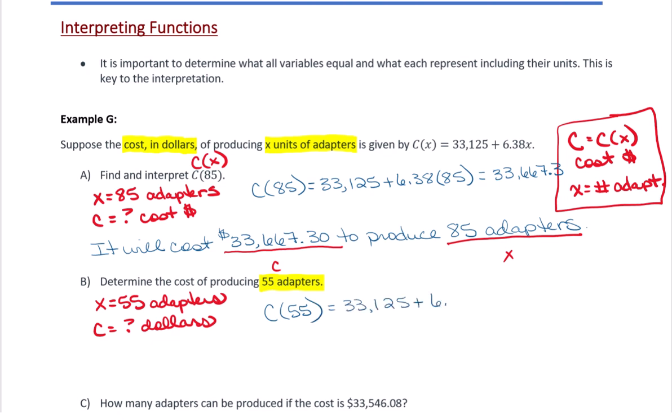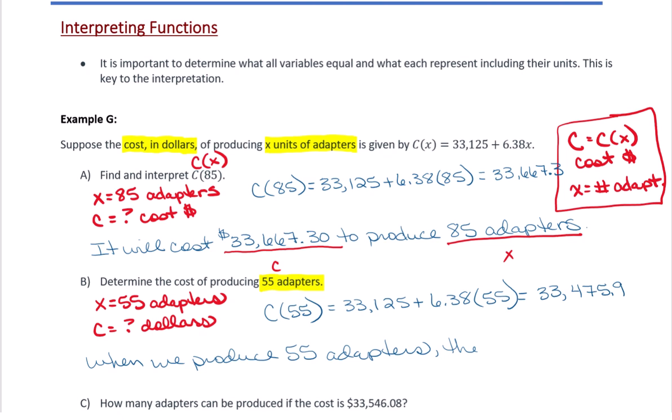So this time when we plug in 55 for x, we get 33,475.9. This is our cost. Another way we can write the same interpretation would be when we produce 55 adapters, the cost will be $33,475.90. The key to the interpretation isn't necessarily the order, just make sure that you have the correct units with the correct value.